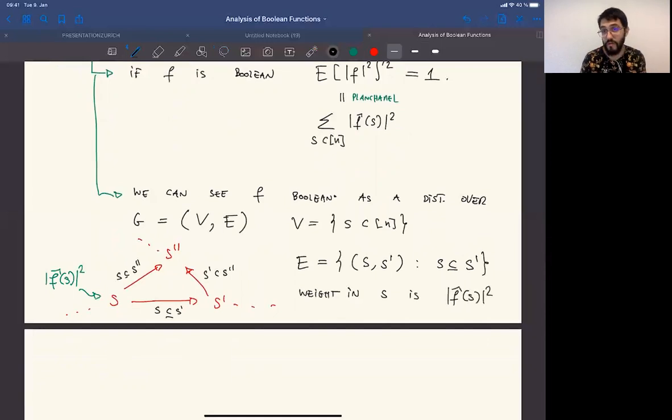The sum of the squares of the weights is 1, so it's a distribution on the set of weights. And so one can interpret this as a probability distribution on the space of weights. That's what I wanted to say.